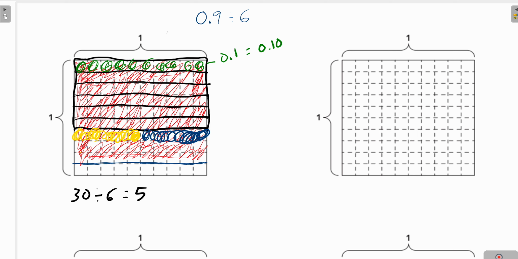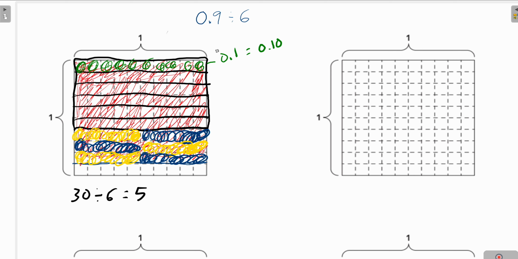Let me shade in this one blue. 5 hundredths to the other one. 5 hundredths to the other one. All right, 5 hundredths to the other one. And the last 5 hundredths to the other one.